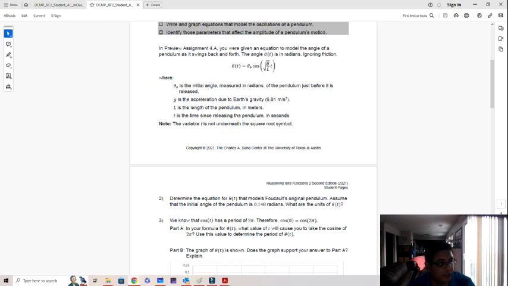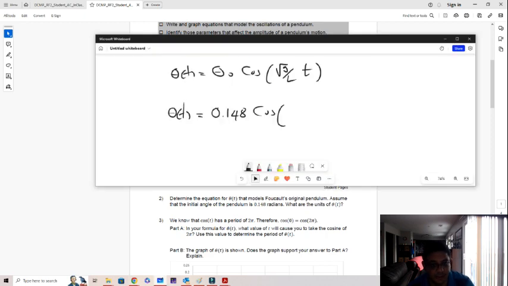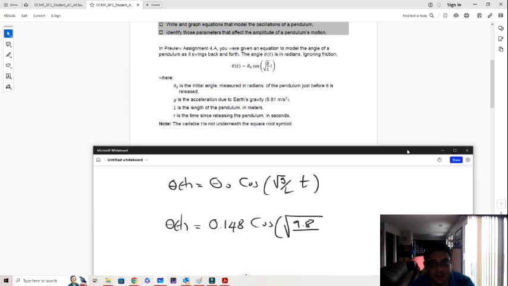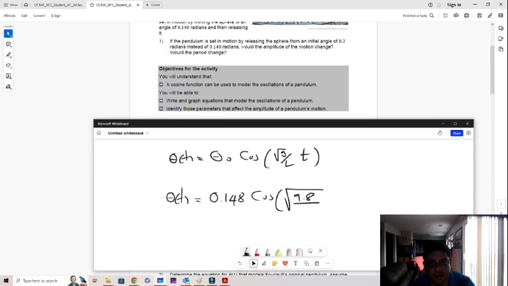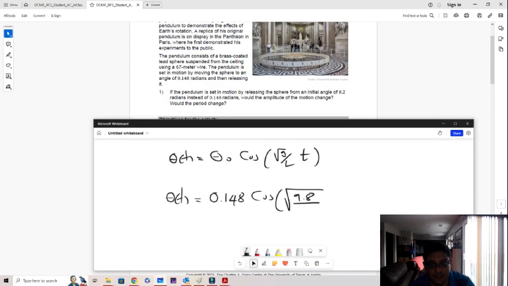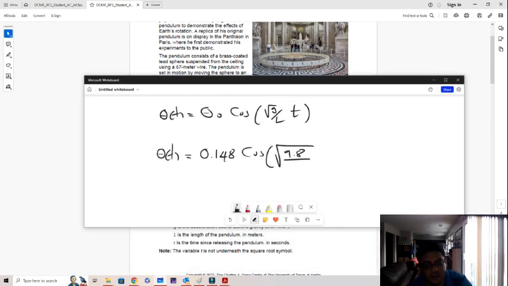In particular, we're going to approximate the gravity by 9.8. And then we use the length of the pendulum. We're assuming in this case a length of 67 meters, so this will be 67 here.